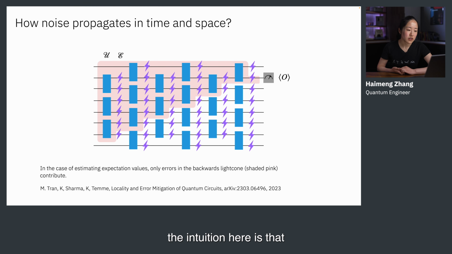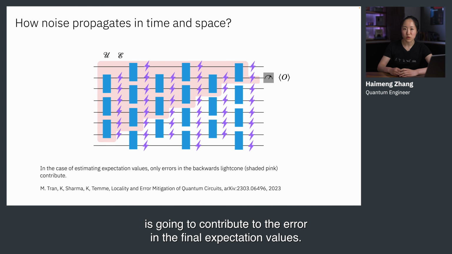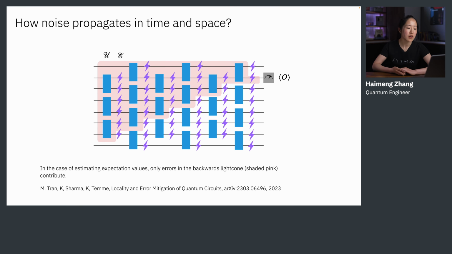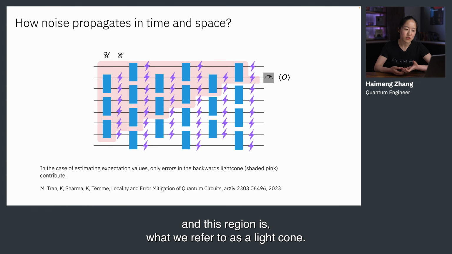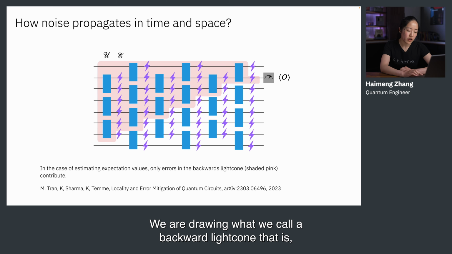The intuition here is that only the noise in a specific region of the circuit is going to contribute to the error in the final expectation values. This region is what we refer to as a light cone. Over here we are drawing what we call a backward light cone.